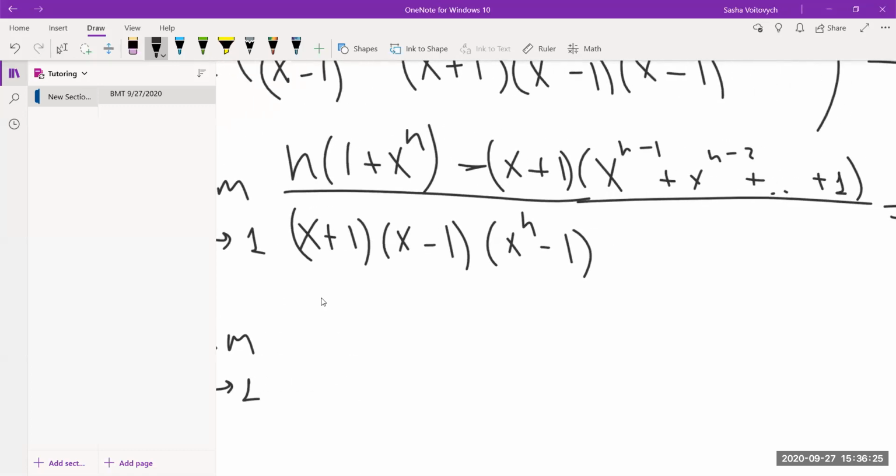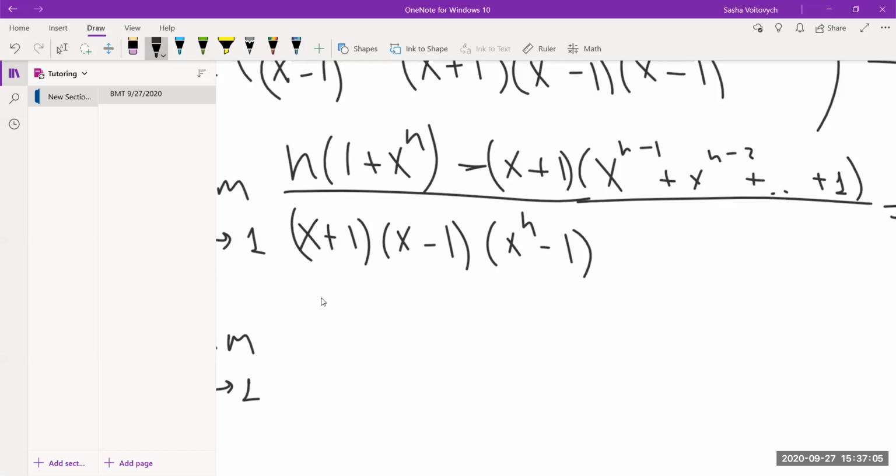So now we note that x equals 1 is a root of the numerator. This shows us that we're basically on the right track. Because if we factor out x minus 1, then the x minus 1 in the numerator will cancel with the x minus 1 in the denominator. Actually, I'm thinking about applying L'Hopital's rule here.